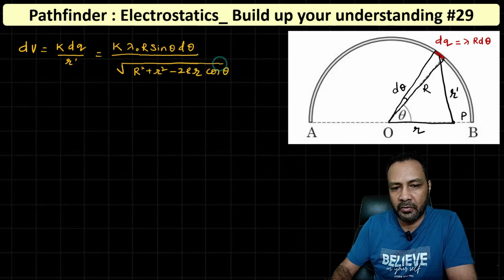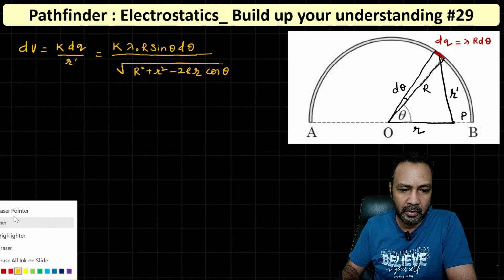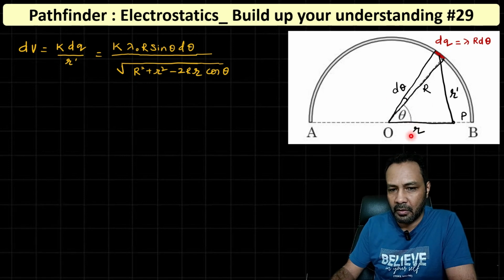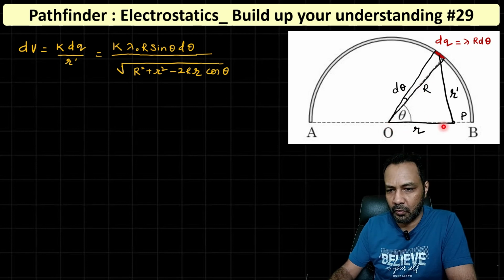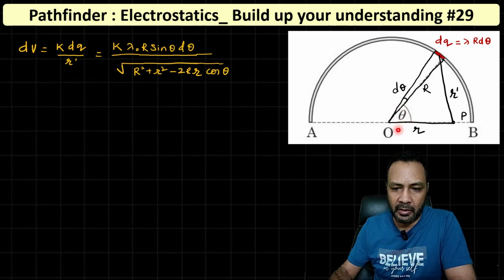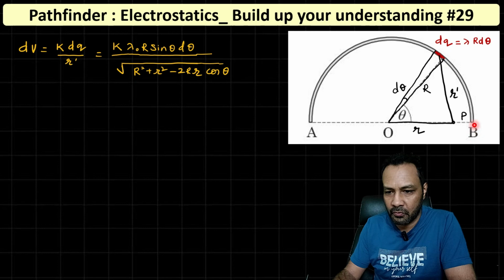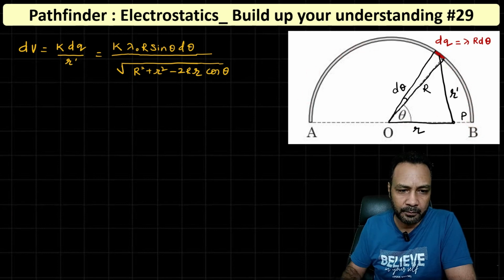The integration is a very straightforward thing. You can see that the only variable here is theta. In this, capital R is fixed, and small r is a fixed point where I want to find the potential. The only variable is theta, and as my element goes from here to here, theta will go from 0 to pi.